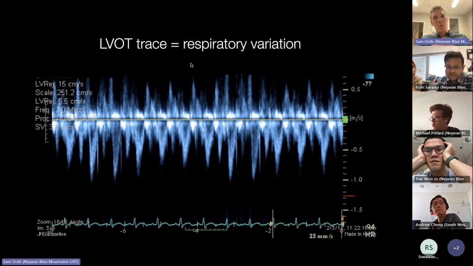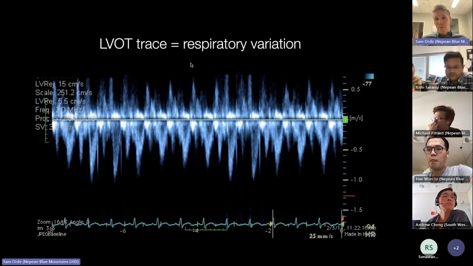So it's a great point. So just to make sure I understand, you're saying that this patient might be fluid responsive based on the LVOT trace change, but the tolerance would be impaired because of the right ventricle failure. Yes. Nice. Okay. So what you've got to be careful of is that this patient is probably, as you said, not going to be tolerant because of the right ventricle dilation.